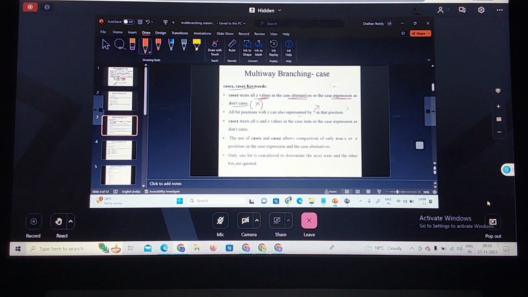So when writing the expression or alternatives, instead of Z, you can also write a question mark, for example 1 tick B, 1 question mark. This question mark also considers all the bit positions with a Z. Suppose I write 2 tick B 1 Z as an alternative, this Z can be represented as a question mark in that position.